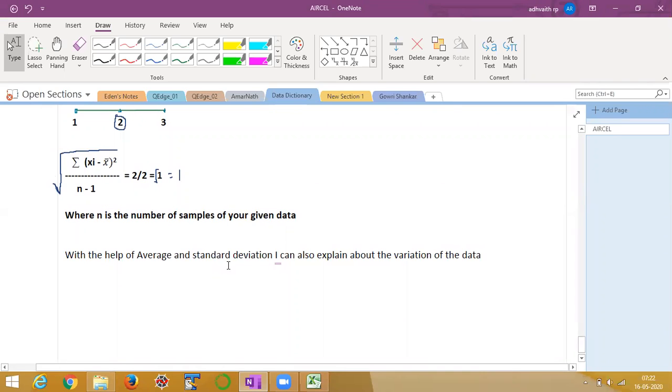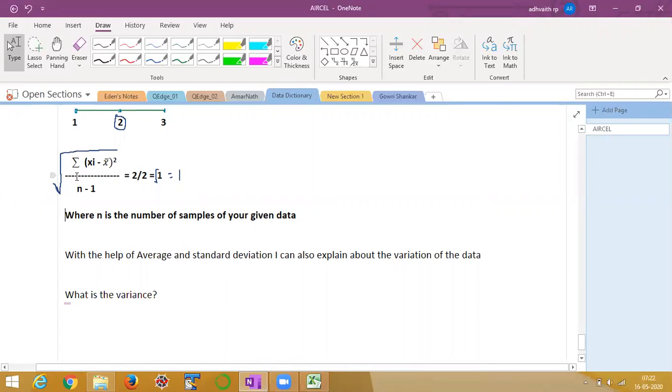So when will we call it variance? What is variance? Variance is when I don't use the square root for the same formula. That becomes variance.